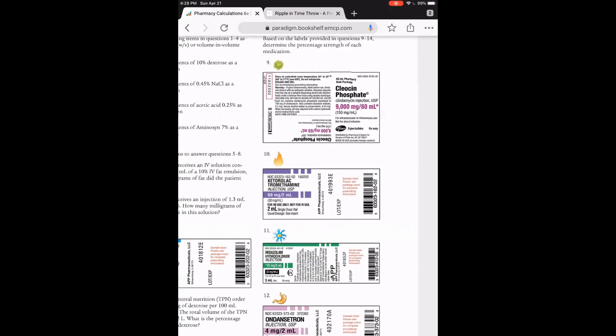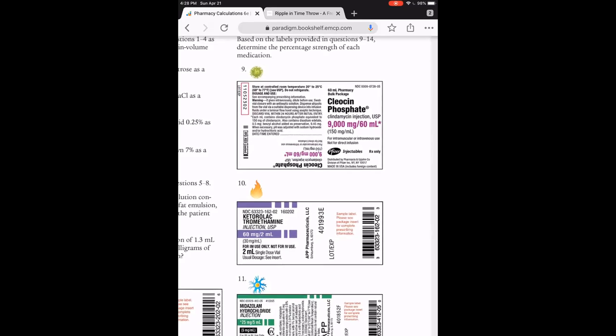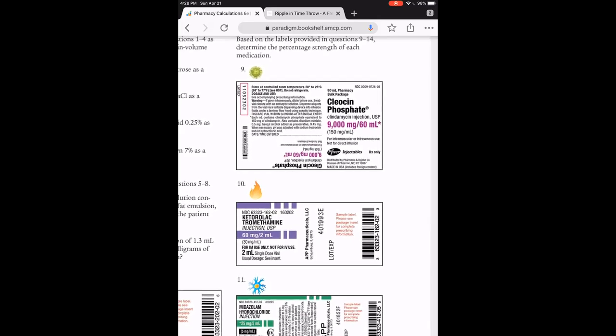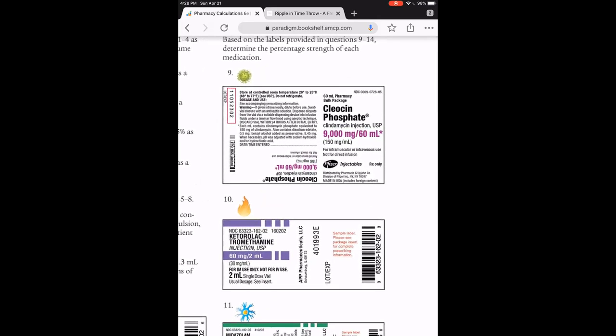So looking at number 9, we have Cleocin phosphate, clindamycin injection, 9,000 milligrams per 60 mLs. And underneath that, you see the concentration of 150 milligrams per milliliter.